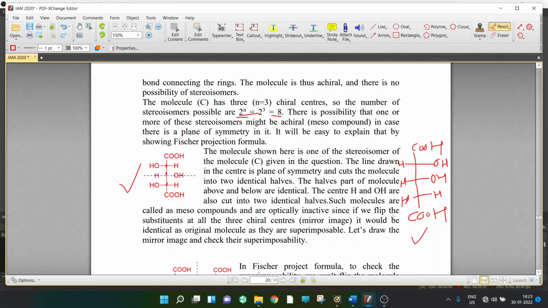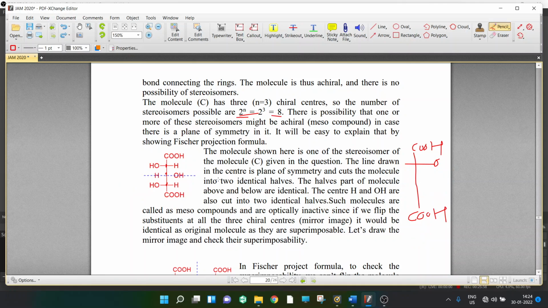So there are two different stereoisomers. COH is the same, but here OH is on the left, here OH is on the right, and the rest is all the same. We could have also put both the OH on the left. I could have put both the OH on the right and both the H on the left. So such things are possible. These are the 8 stereoisomers possible.